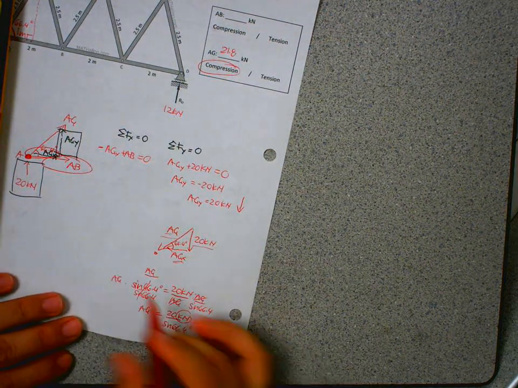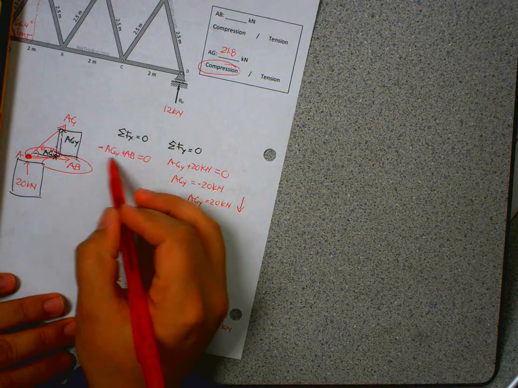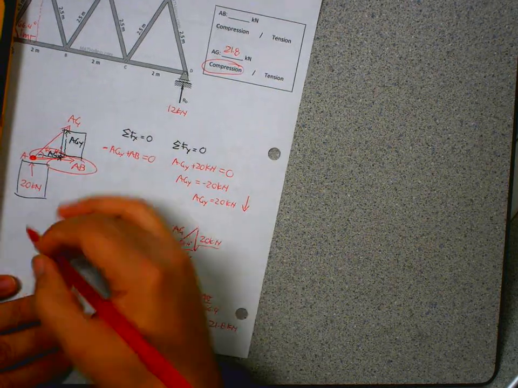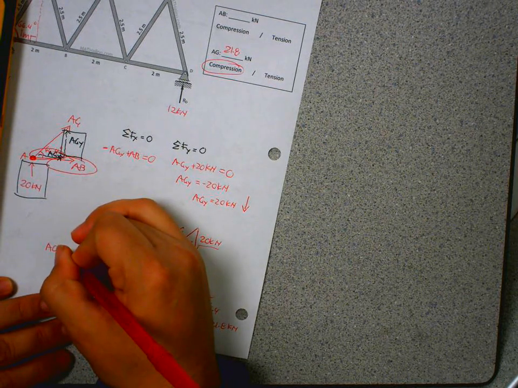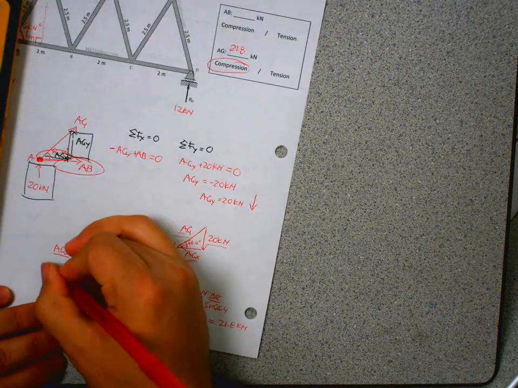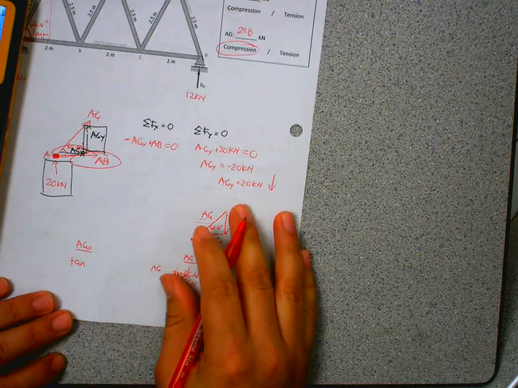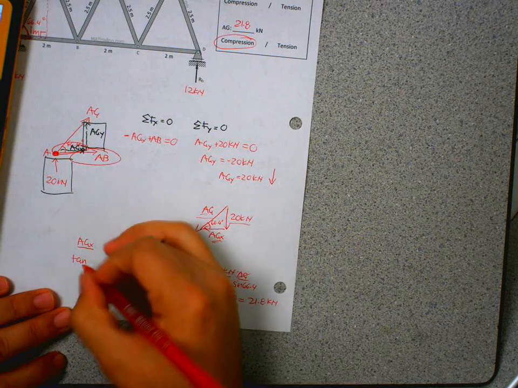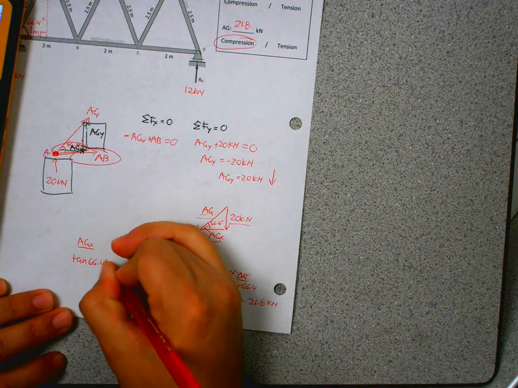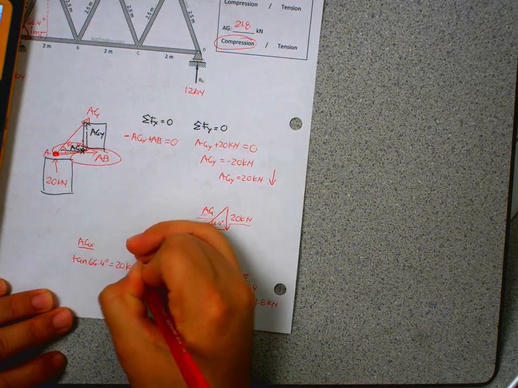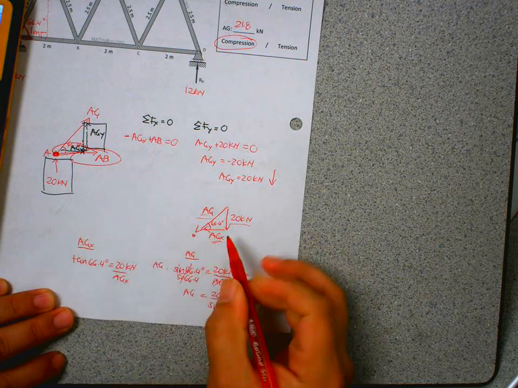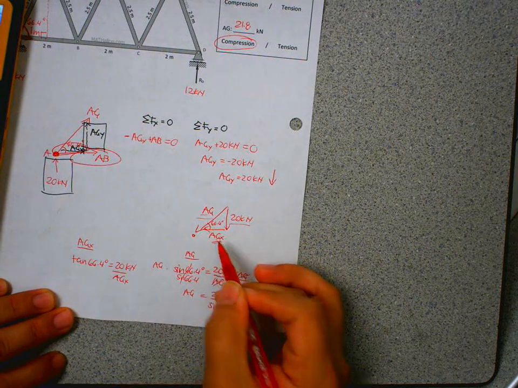Now that I know AG equals 21.8, I could solve for AGX. So let's do that. AGX, how would I solve that? Well, I'm just going to use tangent. Let's just keep what I know, 20 kilonewtons. Tangent of 66.4 degrees is equal to that 20 kilonewtons over AGX, opposite over adjacent.